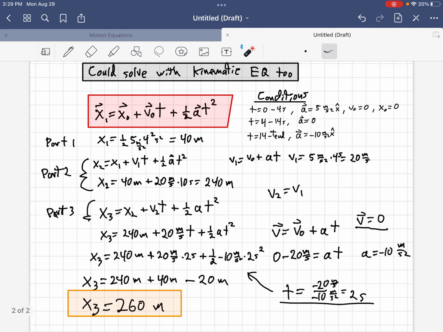All right, now we think about part 3. So our position at the end of part 3 is going to be our position at the end of part 2 plus whatever changes happen. So we need to think about what is our initial velocity at the beginning of part 3. Well, it's going to be the same velocity that we came in with since we weren't accelerating during part 2. So v1 is going to be equal to v2 here.